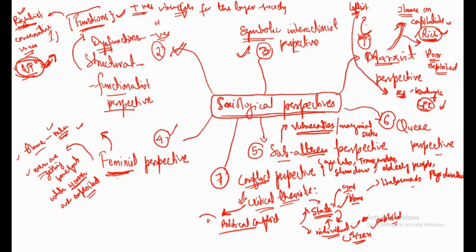Okay, then we will talk about symbolic interactionist perspective. Here our center of focus is the individual. If we are viewing the impacts on an individual, then we are viewing the topic from the symbolic interactionist perspective.